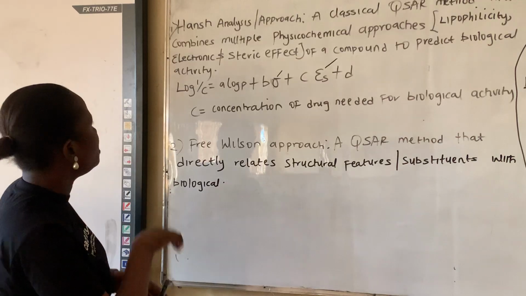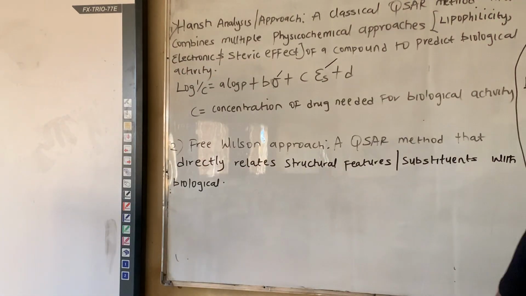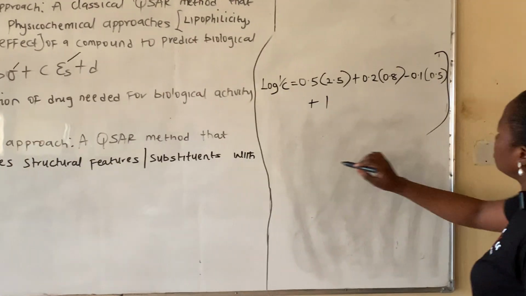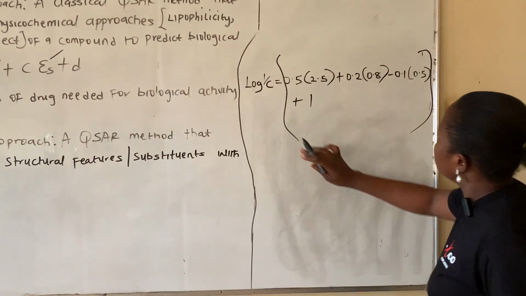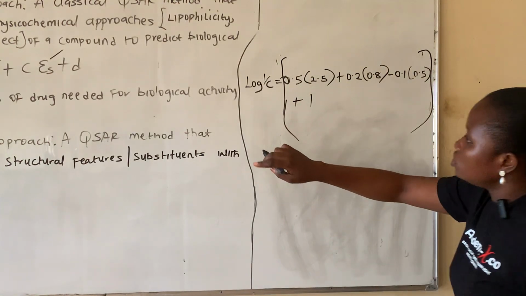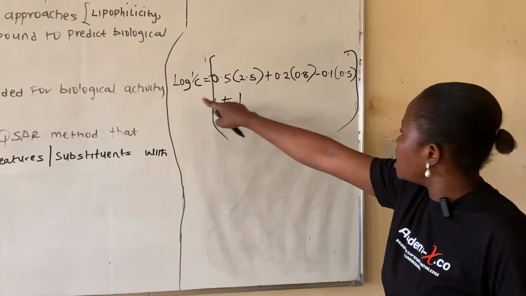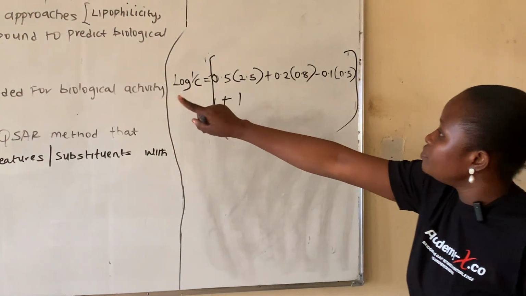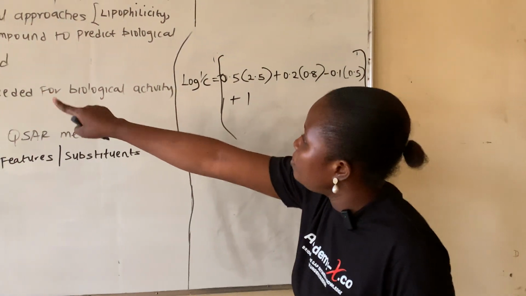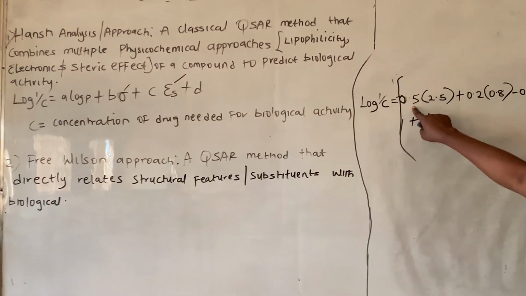So I gave an example. Let's say that you ran a Hansch analysis, for instance, and then you came up with this result. Let's say you got your A, which is the strength or direction of the relationship between log P, which is partition coefficient, and your biological activity. Let's say you got 0.5.